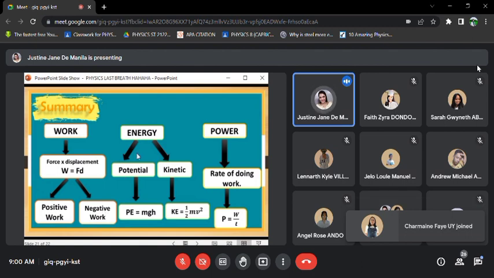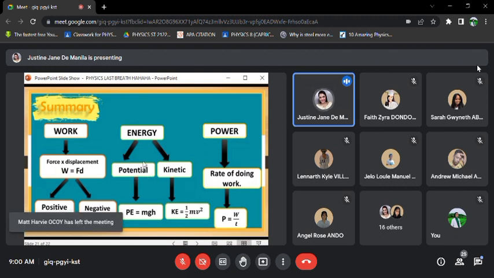And for the energy, we focus on the mechanical energy. The mechanical energy can be potential energy or kinetic energy. Potential energy is stored energy due to its position. To solve for the potential energy, we have potential energy equals mass times gravity times height.